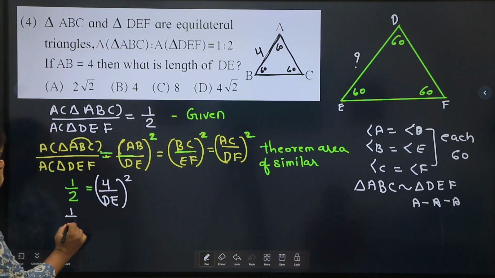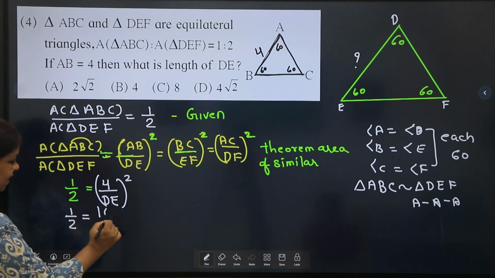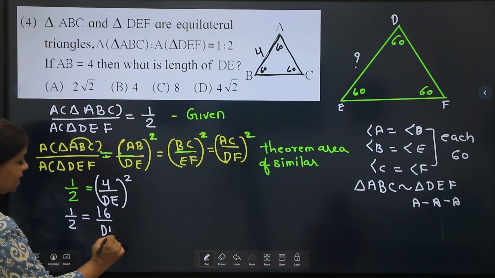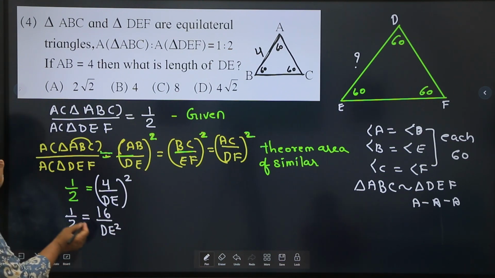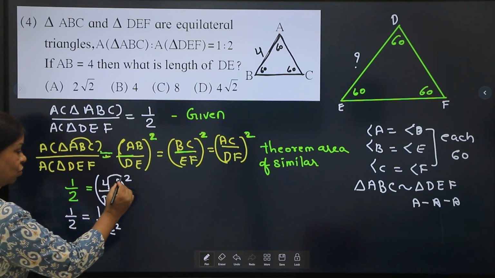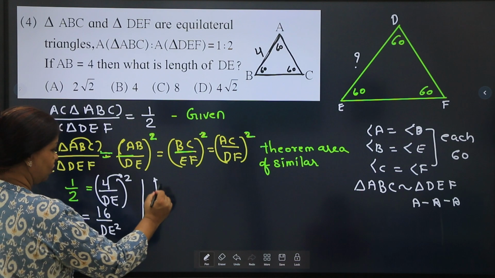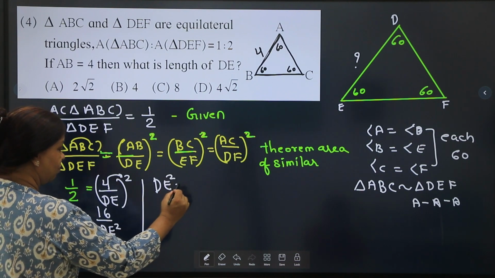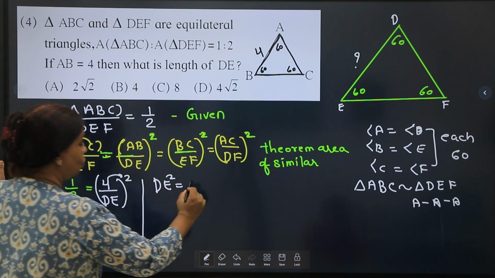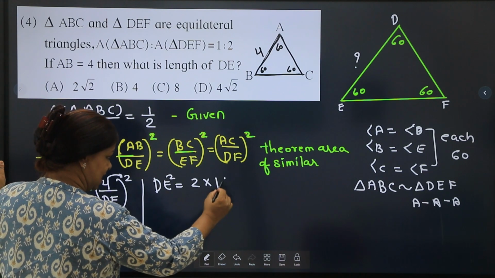Now 1 upon 2 is equal to 16 upon DE square. Why did 16 come? 4 square is 16, DE square will go here, so DE square is equal to 2 into 16.